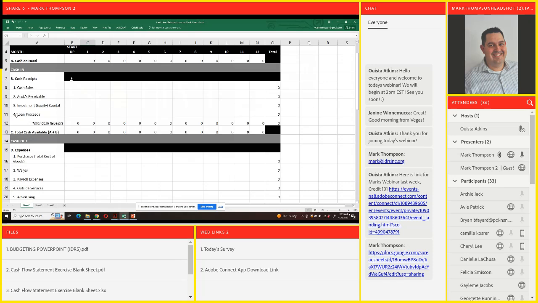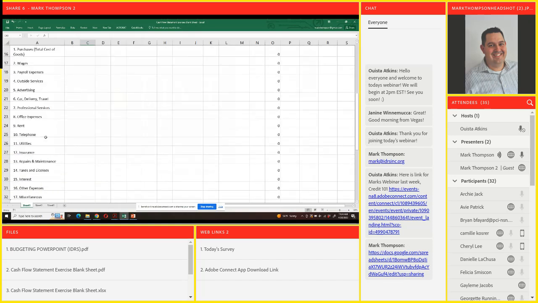If you're retired, you may be getting a pension payment. There's a number of different ways that money could be coming into your family. Those are the type of things that we would put on this line instead of cash receipts.